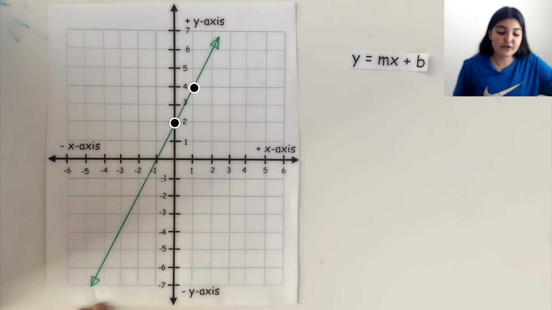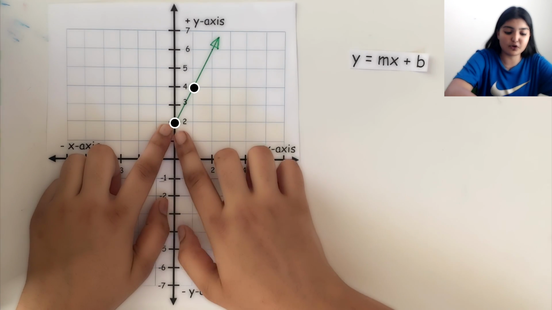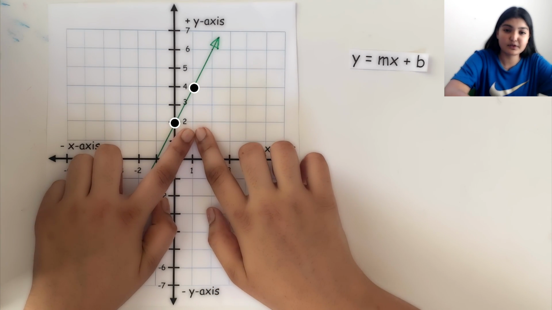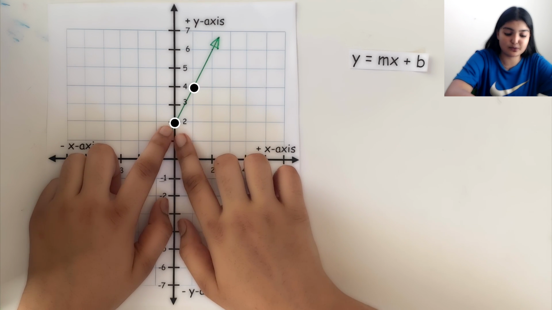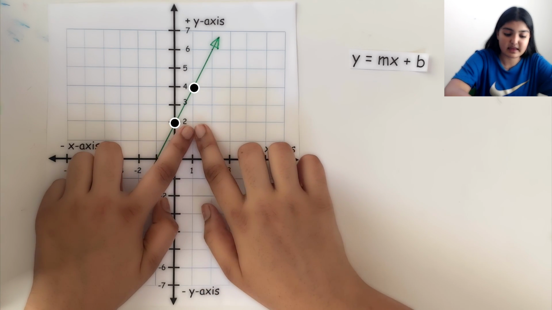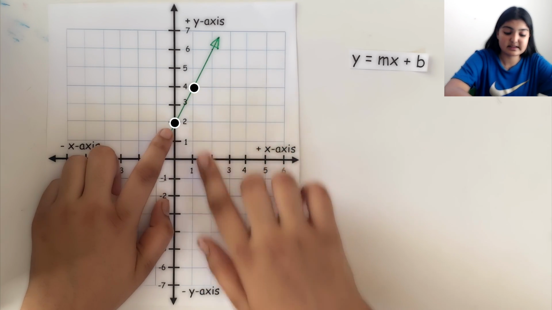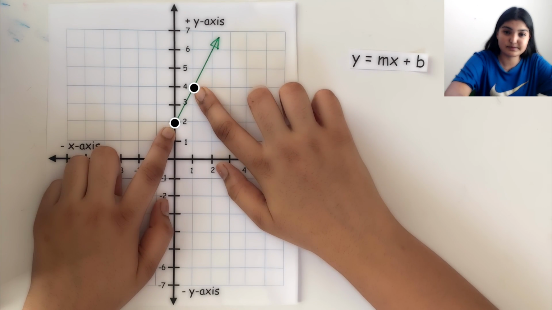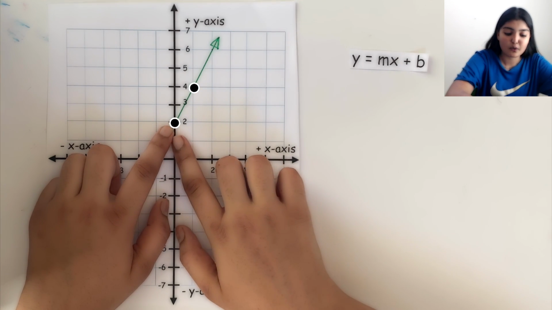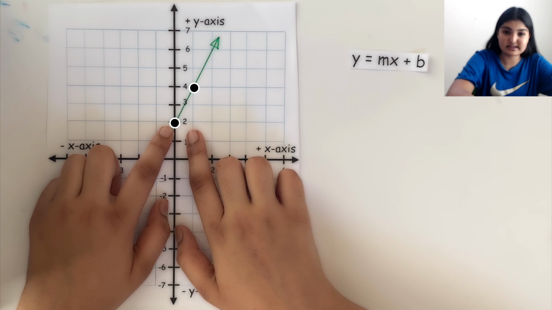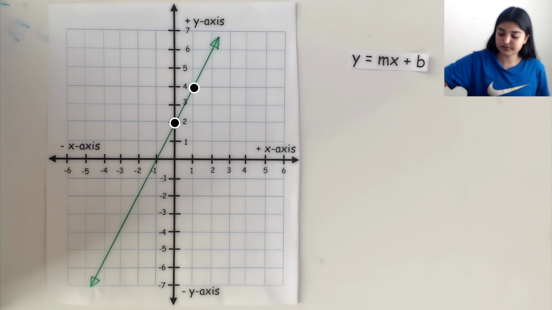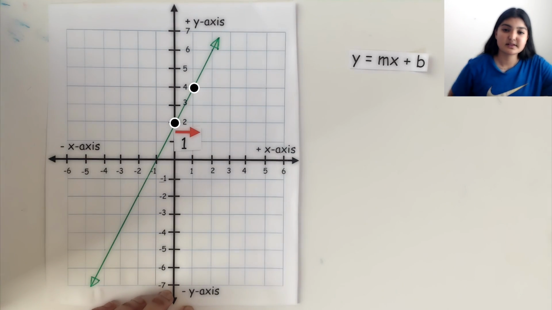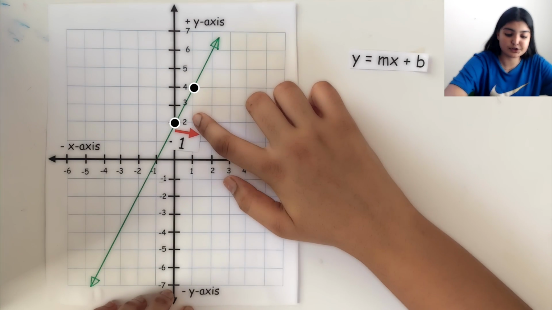Now, how far do we travel horizontally and vertically? Or how far do we run and rise to get from this point to this point? Well, we run 1 unit. So how far do we rise?